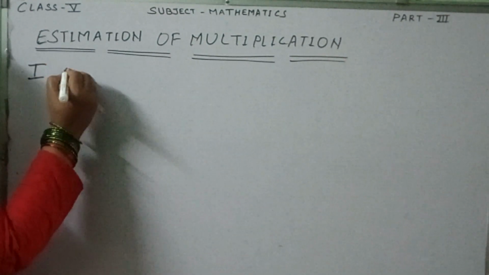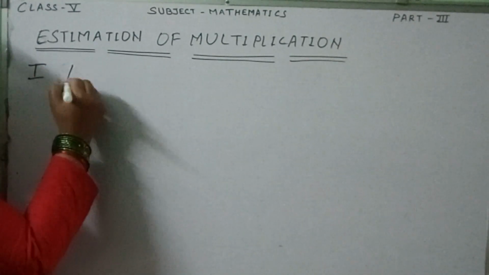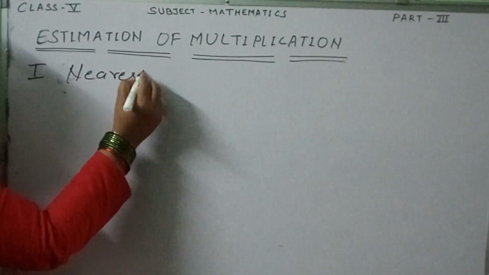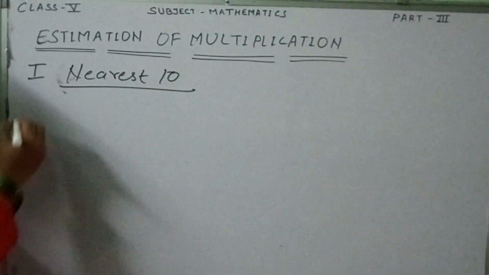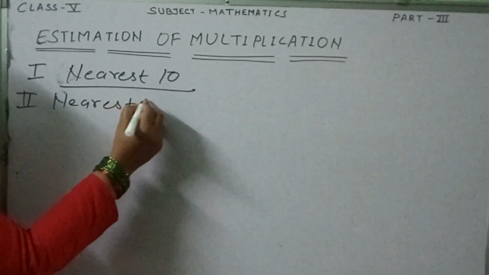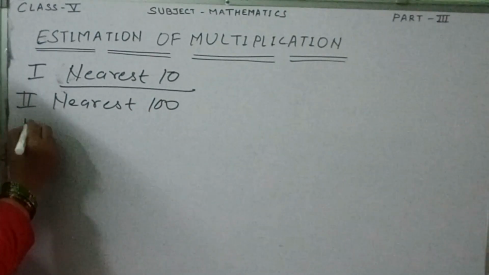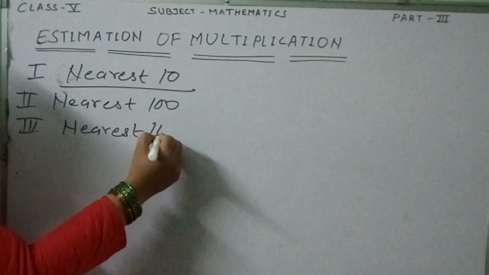First is the estimation to the nearest 10. How to estimate a number to the nearest 10? Second is rounding to the nearest 100, and third is the nearest 1000.